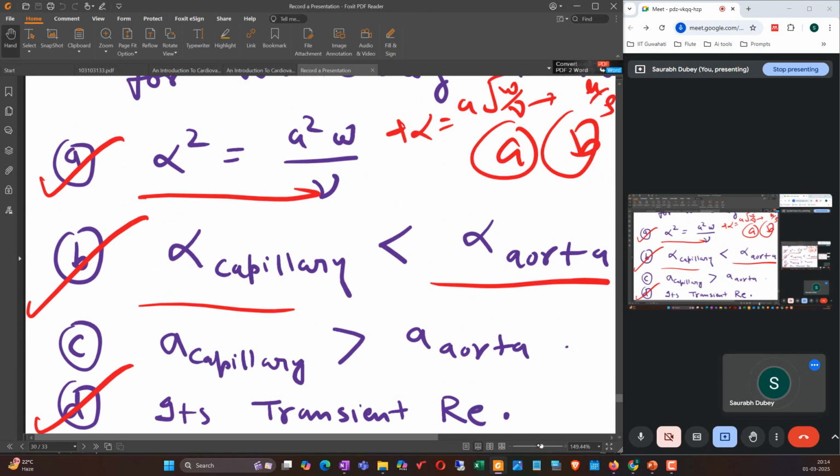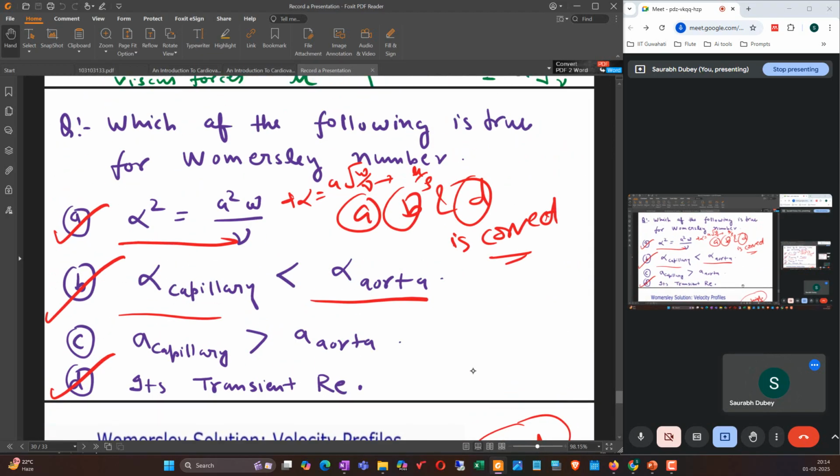See this one. Which of the following is true for the Womersley number?